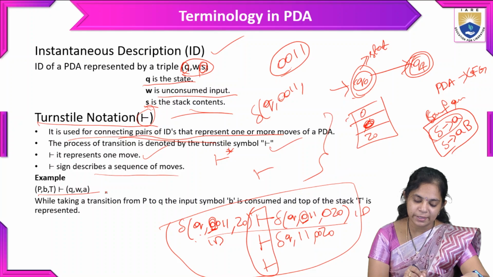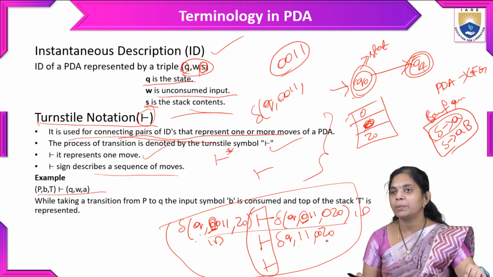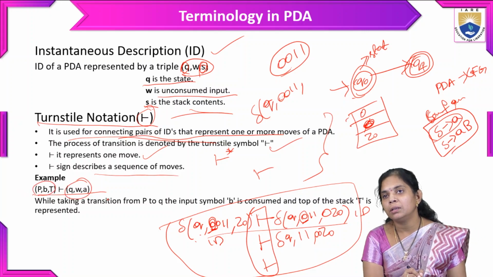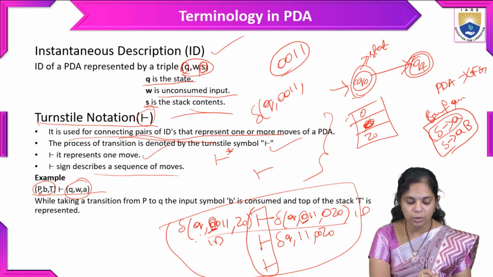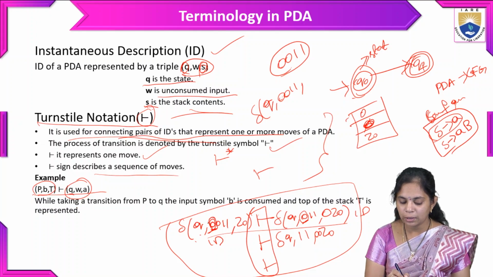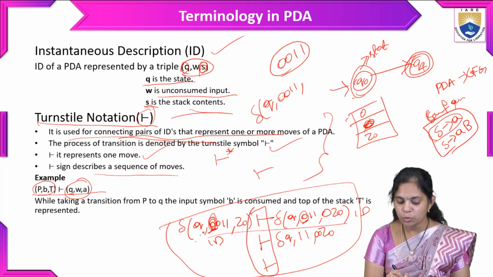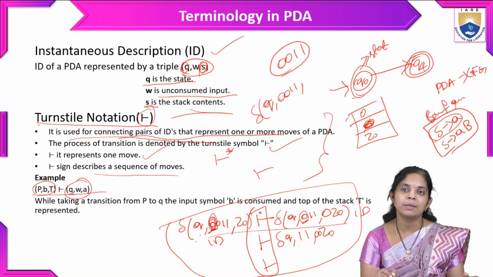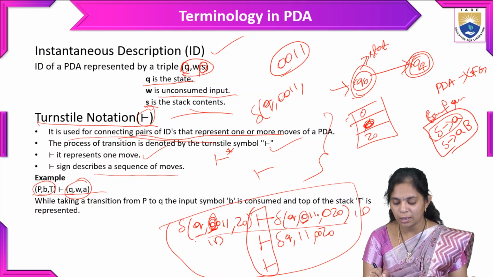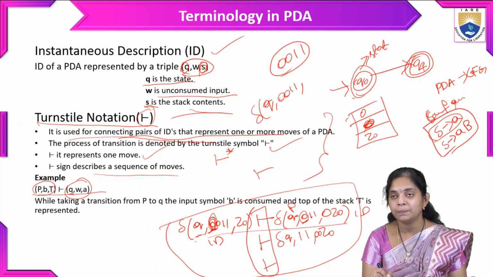And here is the example of how we represent these IDs. Here this is one ID and this is another ID. In between, P is the current state and Q is the next state. While consuming the input, there may be a state change in some examples.